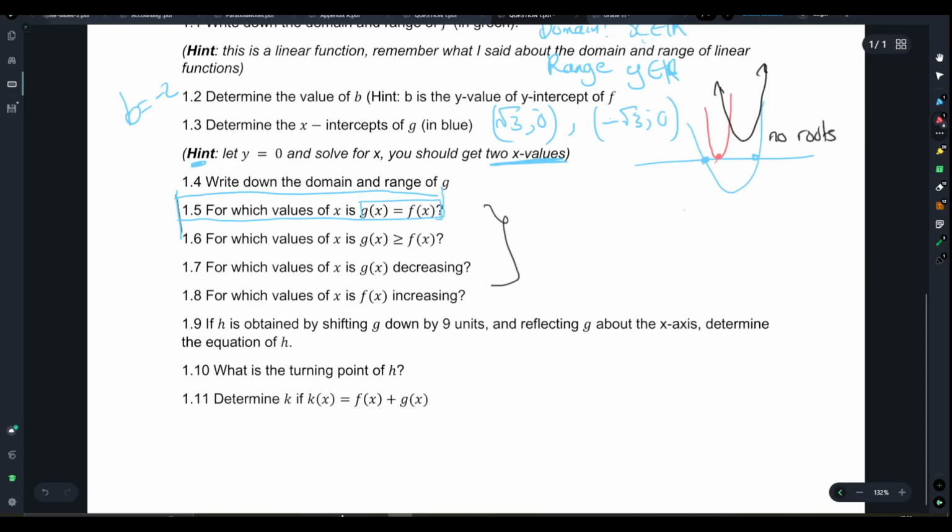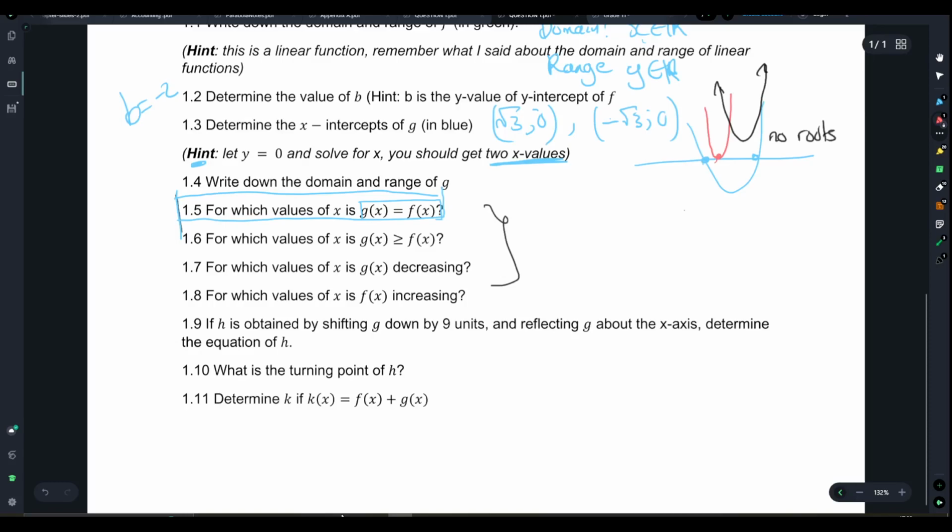Remember that g of x is equal to minus 3x squared plus 9, and f of x is equal to 3x minus 2.